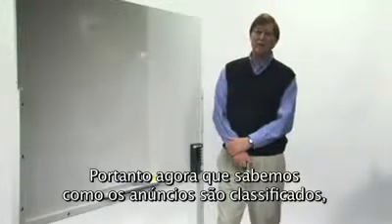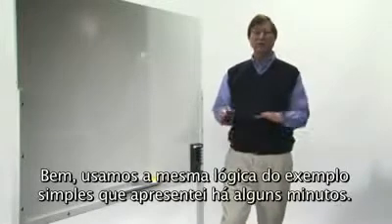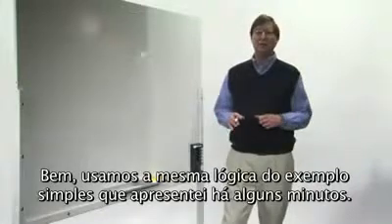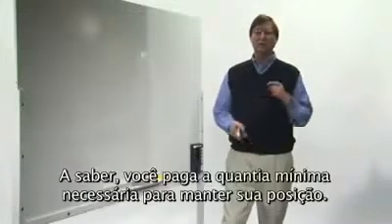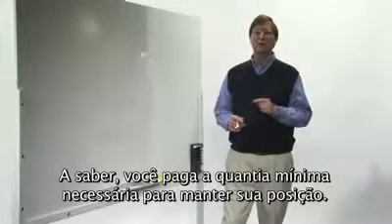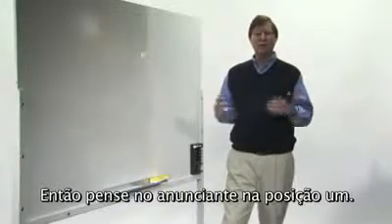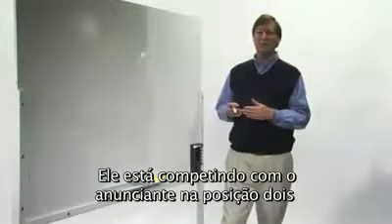So now we know how the ads are ranked. How much do I actually pay for a click? Well, we use the same logic as in the simple example I presented a few minutes ago. Namely, you pay the minimum amount that's necessary to retain your position. So think of advertiser in position 1. He's competing with advertiser in position 2.